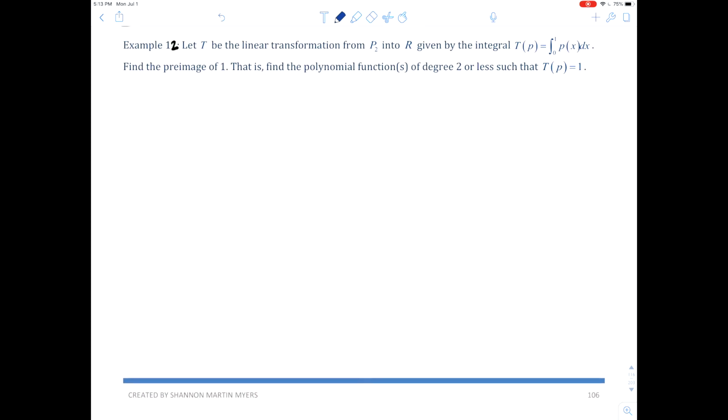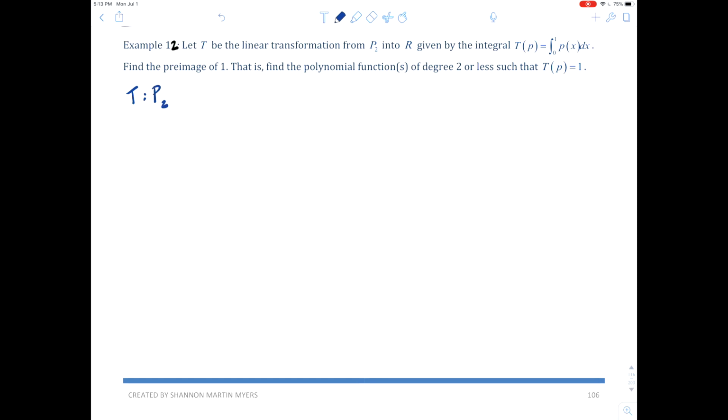Let T be the linear transformation from P2 into R, given by the integral T at P equals the integral from 0 to 1 of P of x dx. Find the preimage of 1. That is, find the polynomial function or functions of degree 2 or less such that T at P equals 1. So let's put this all together, okay? First of all, our transformation is going from what?